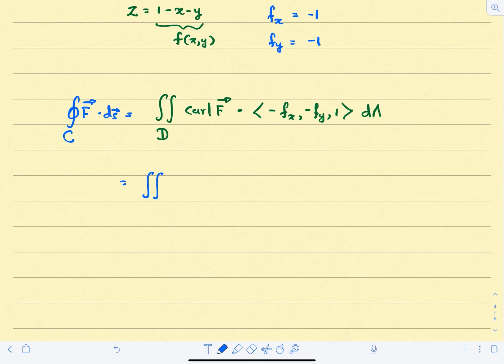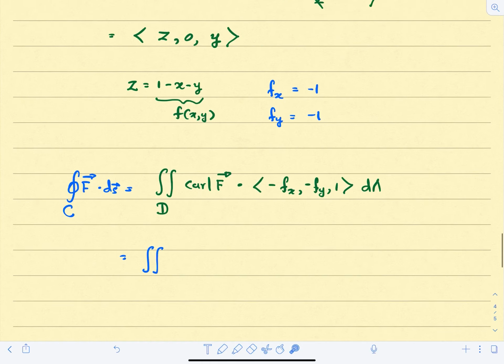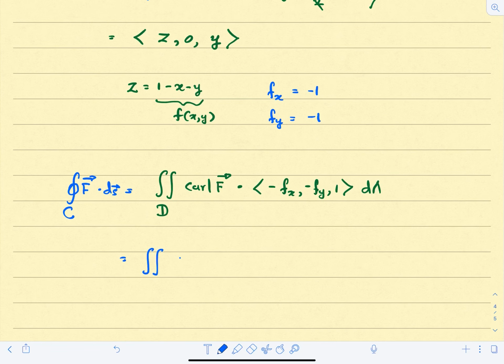Now we have to evaluate this curl of F on the surface. On the surface, the z coordinate is given by 1 minus x minus y. This should be negative of negative 1, which is positive 1. This is positive 1 dA.